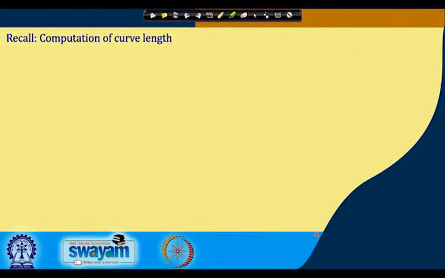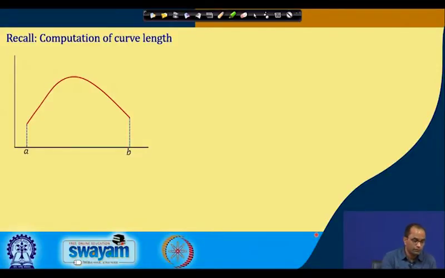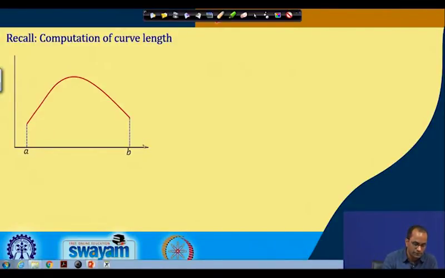Just to recall, how do we compute the curve length in the case of a single integral? For instance, we have this curve, or the function given by f(x). This is the x axis, and here we have the y axis, and this is the function f(x) with respect to the values of x.